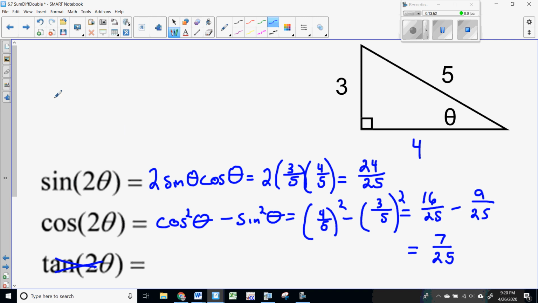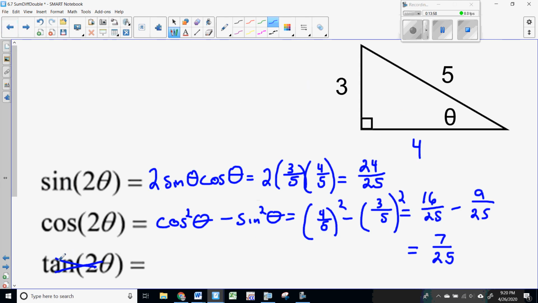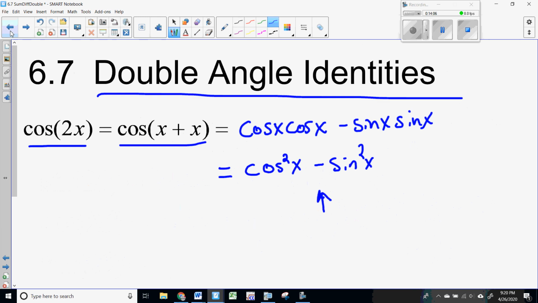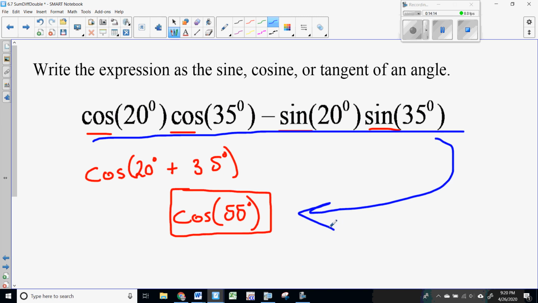These are very similar to the problems you are going to see on the homework. You are going to see these kinds of triangles. We're not going to do tangent with the sine and cosine. We're going to be proving some simple trig identities using these for double angles. For our sum and difference, you'll have an expression like this that you have to write as a single expression by determining is it sine or cosine, plus or minus.